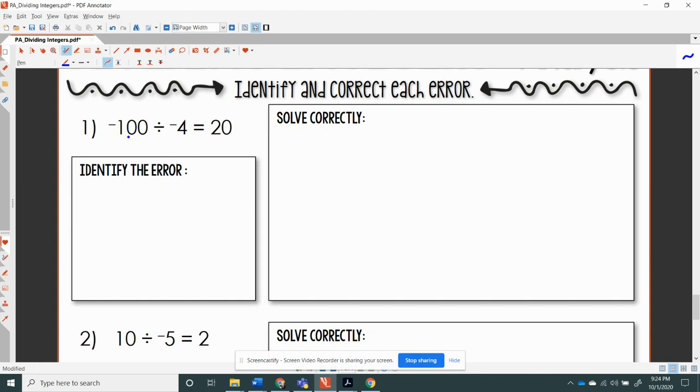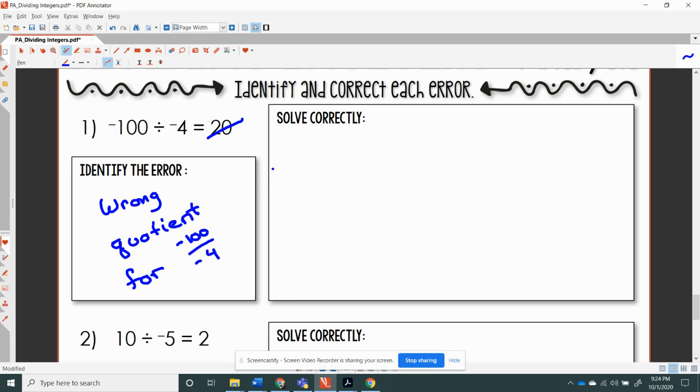So we have negative 100 divided by negative 4. So our answer should be positive, but it's not 20. Our answer is 25. So wrong answer, wrong quotient for negative 100 divided by negative 4.